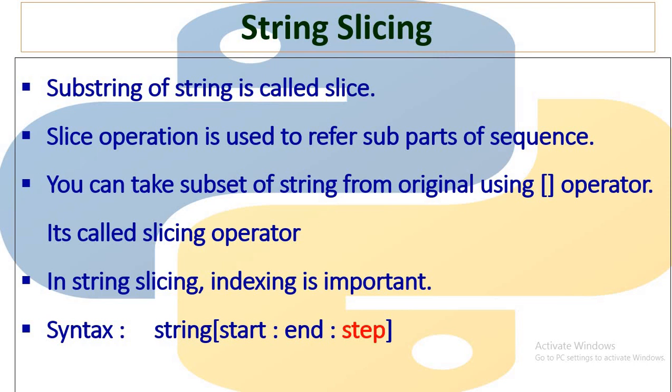So in string slicing you need to remember the syntax, how you should write slicing. Write the name of the string, a string variable name, then a subscript operator, and inside the subscript operator you can mention three things: the position of the start character, the position of the end, and the third one, which is given in red, is the step operator.